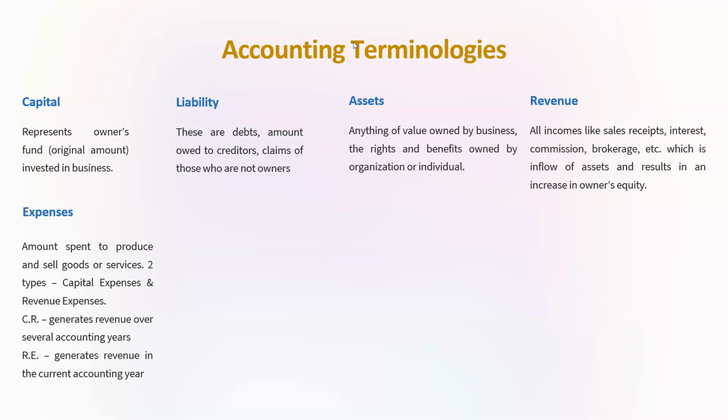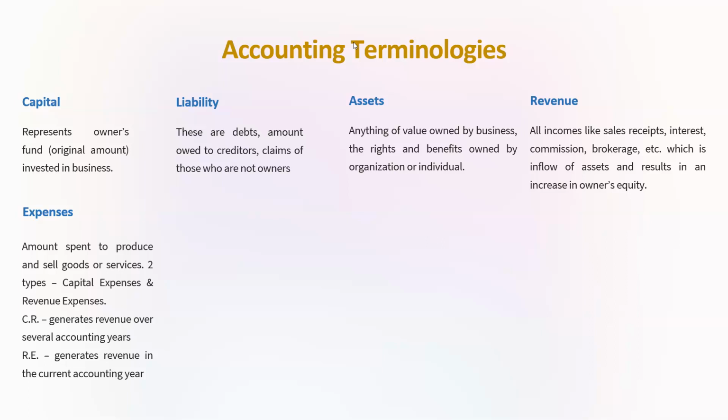Everything done comes under expenses. There are two types, capital expenses and revenue expenses. Capital expenses generate revenue over several accounting years, so they cannot be limited to one particular period of time.